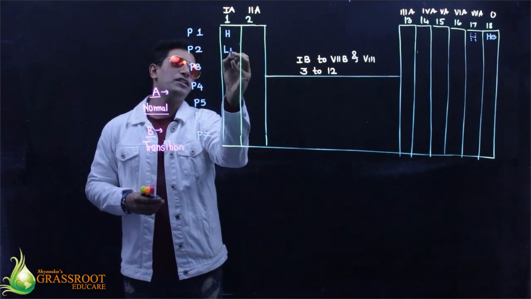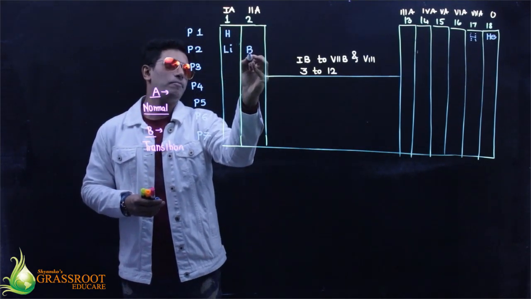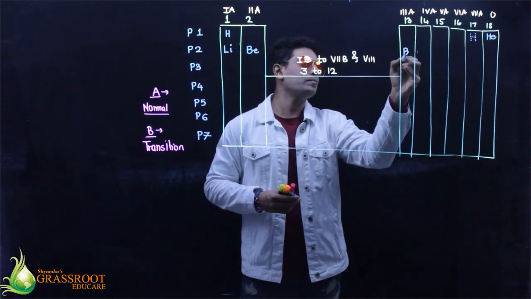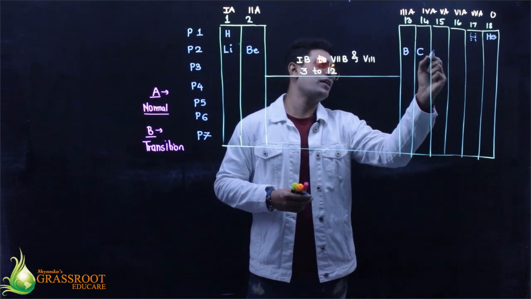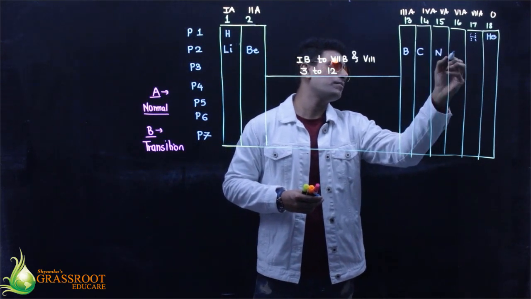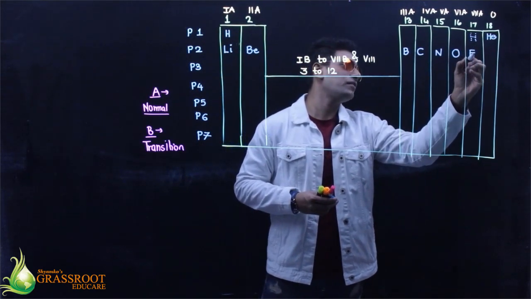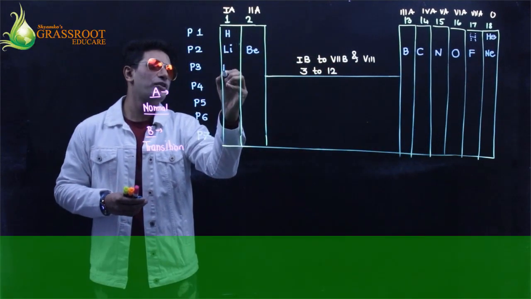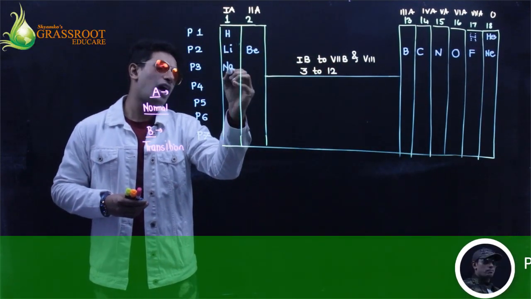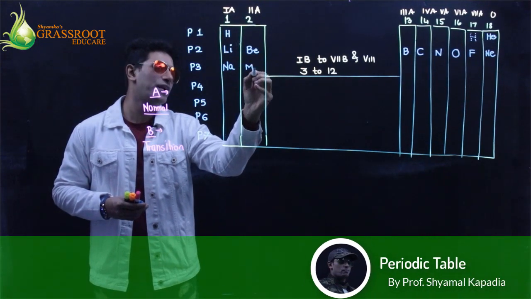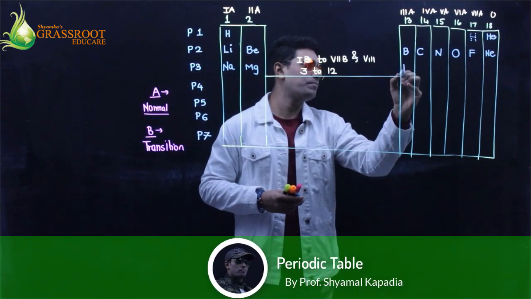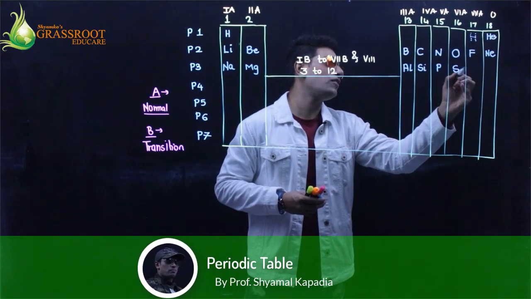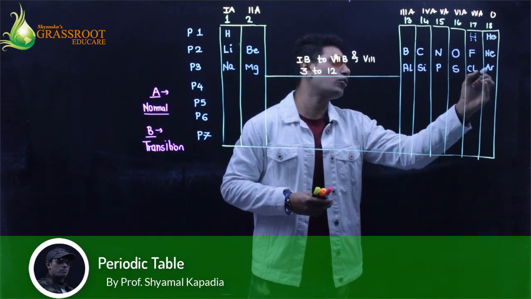Then we have lithium, beryllium, boron, carbon. After carbon we have nitrogen, oxygen, fluorine and neon. After neon, we have sodium, magnesium, aluminium, silicon, phosphorus, sulfur, chlorine, argon.